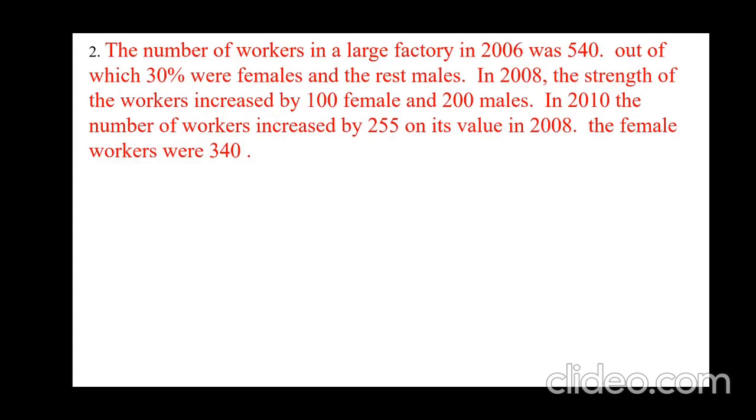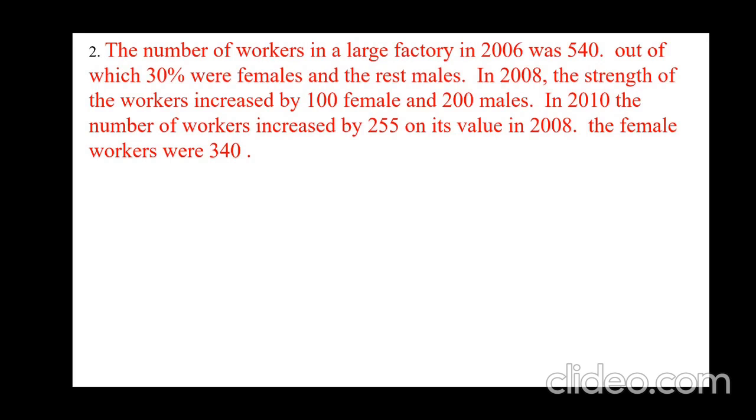Next question. The number of workers in a large factory in 2006 was 540, out of which 30% were females and the rest males. In 2008, the strength of the workers increased by 100 and 200. In 2010, the number of workers increased by 255 on its value in 2008.